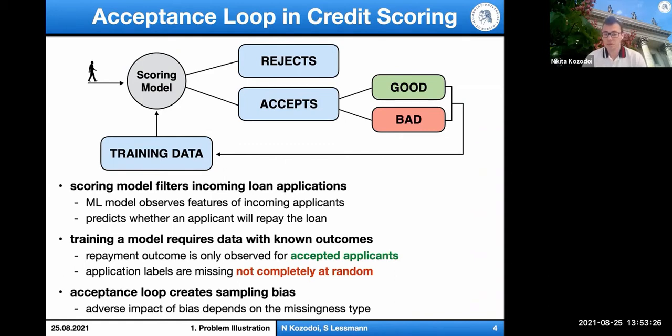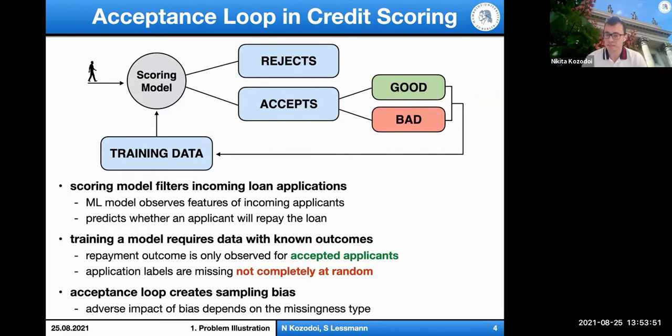Now, the magnitude and the adverse effect of this sampling bias depends exactly on the missingness type. If we have a standard parametric model like logistic regression, and we only observe a slice of the training data, it might be fine if the data is missing at random and we are not able to observe the full distribution.